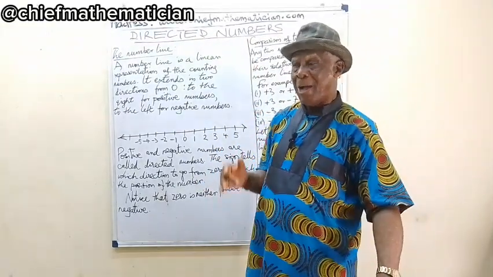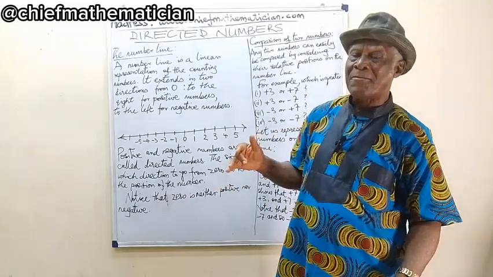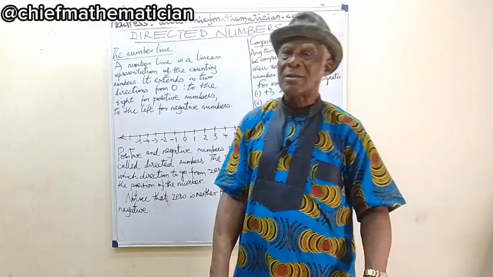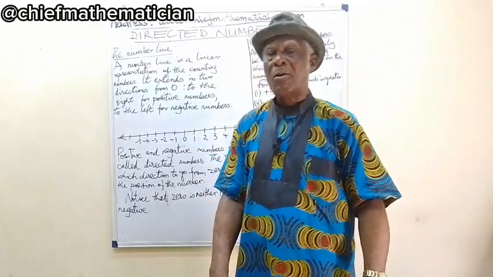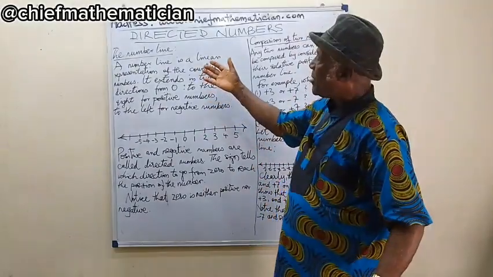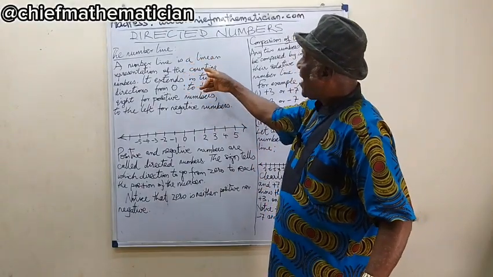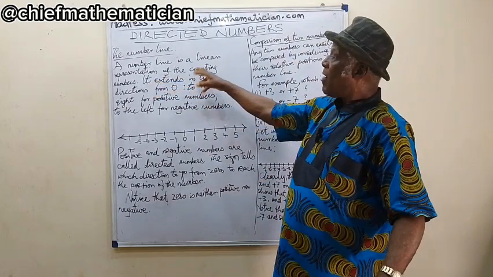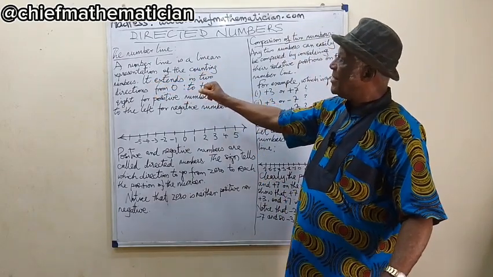And so I want us to use the idea of number line to understand what we do when we are handling numbers. So I'm talking about the number line as a linear representation of the counting numbers.